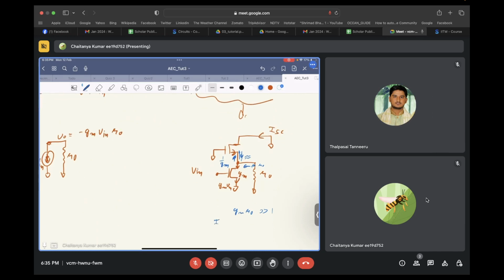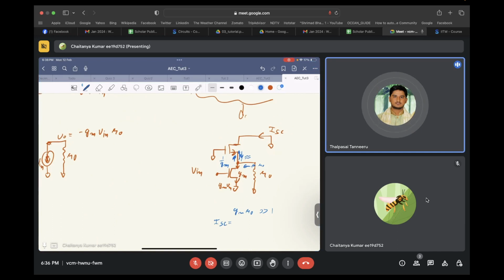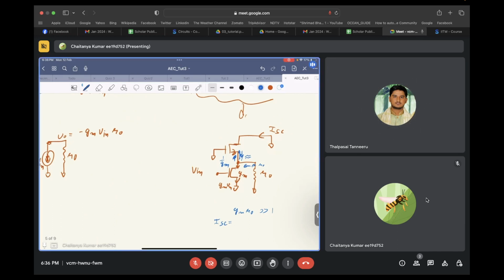So ISC is again equal to. If most of the current will flow into this particular transistor, then ISC that we are calculating is equal to, yeah, it should be minus gm times R naught. No. It's again ISC, the short circuit current.